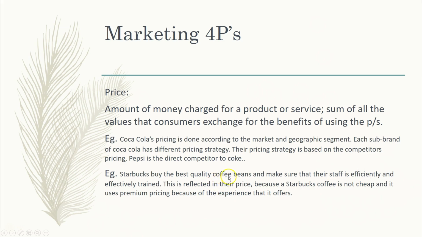So because of this experience that they are offering, it's definitely reflected in their price, because many of us go to Starbucks and we spend a lot of time there using their internet, and they tend to try to provide comfortable chairs and tables. So a Starbucks coffee obviously is not cheap, so because of that we call this a premium pricing strategy. And so we can see here how two different brands price themselves differently.